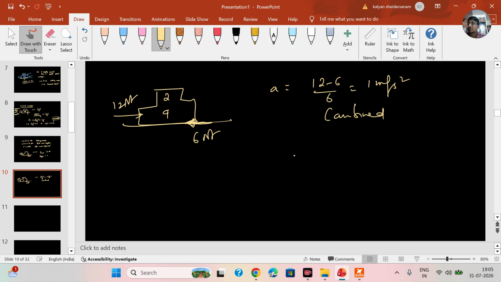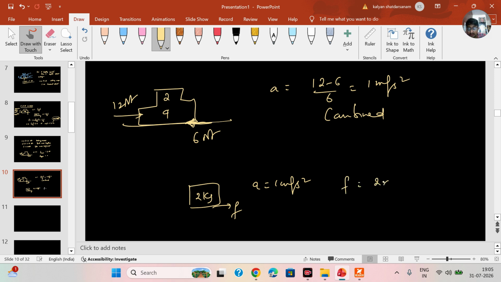So we got the combined acceleration. Now with this acceleration we'll find the friction. You can take the upper block, 2 kg. We got the combined acceleration as 1. So they are moving together now, so this friction is static. And what is the formula for static? No formula. You have to use Newton's second law to calculate it.